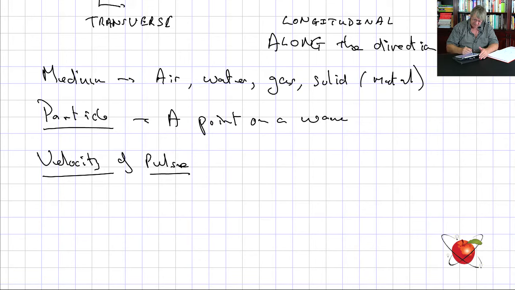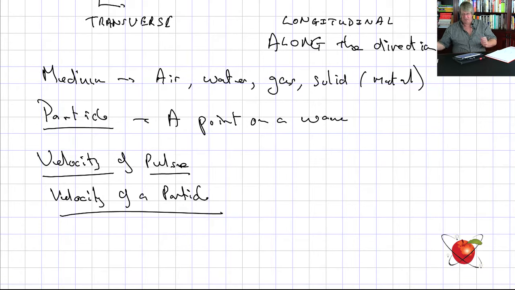Then what is the velocity of a particle? The velocity of the pulse and the particle we're going to get to, but the particle on its own is how fast is that part of the spring moving this way and that way, or up and down, or side to side. That's the velocity of a particle. It's the actual piece of the wave we're looking at, okay?